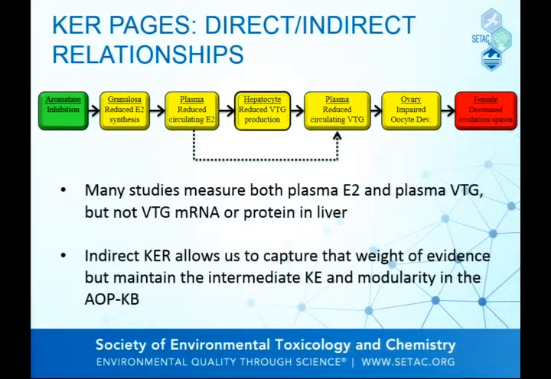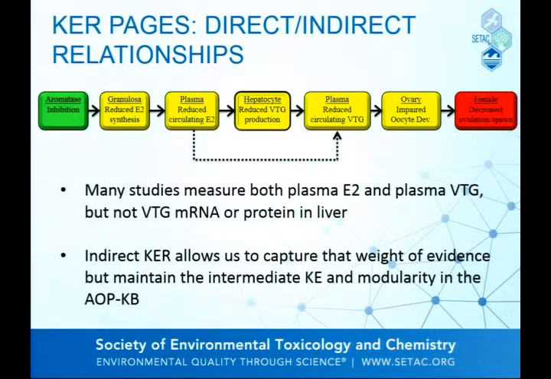So again, you're designating this indirect key event relationship to facilitate better weight of evidence evaluation. You start by developing something that's biologically plausible, but then in this second layer, you may trim it down, and this is, in a sense, one way of trimming it down without trimming it down. So why not just take this key event out, you may ask.